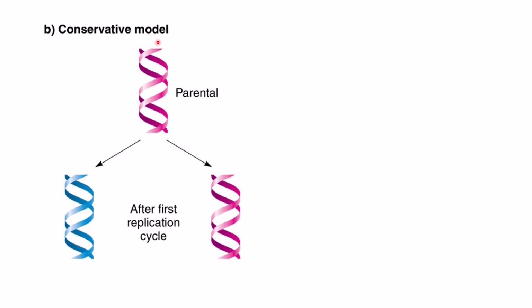If DNA replication is conservative, then the parental duplex here again is heavily labeled, so it should be giving you one single band of N15 DNA. But after one cycle of replication, you will be having two daughter duplexes. Just look at the duplexes here.